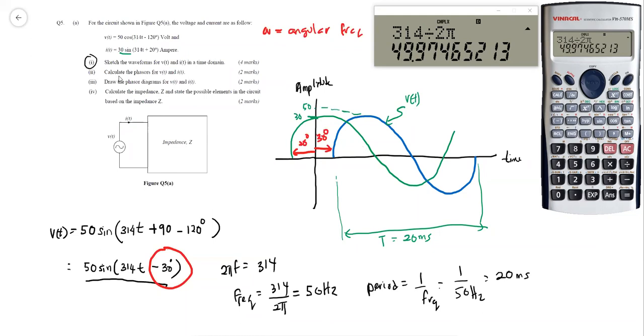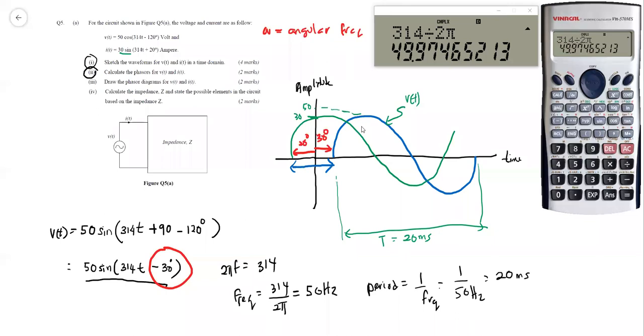The second question is calculate the phasor for Vt and It. Calculating the phasor is actually finding the angle difference between the voltage waveform and the current waveform. So the phase difference is from here to here.